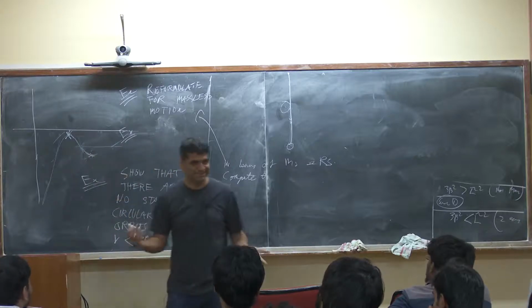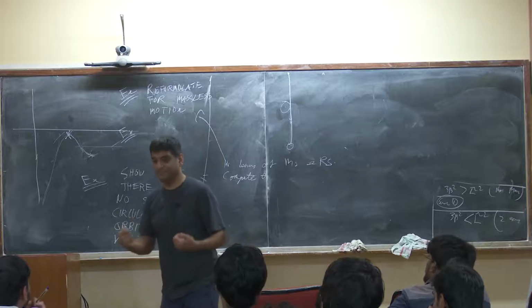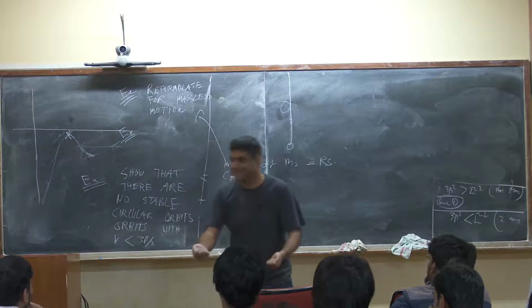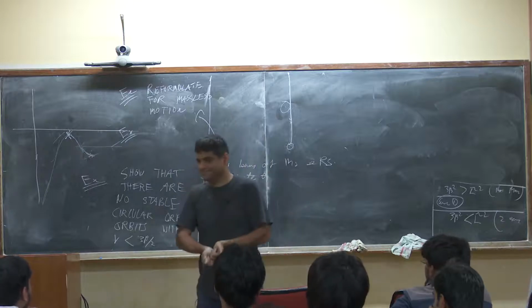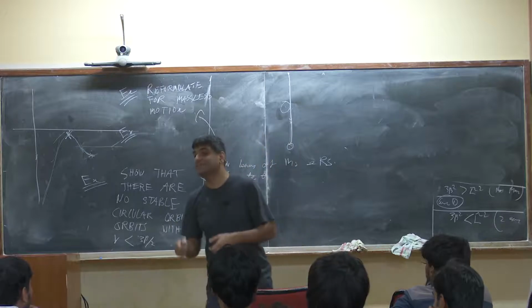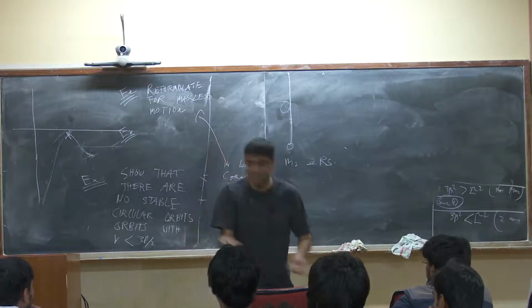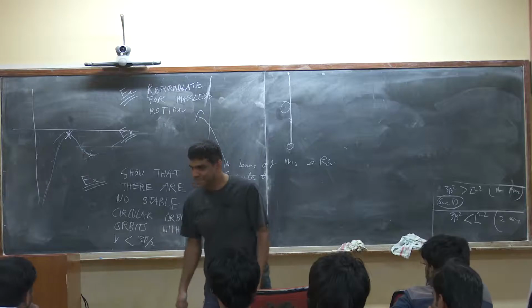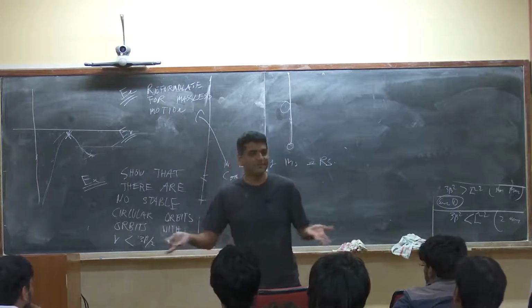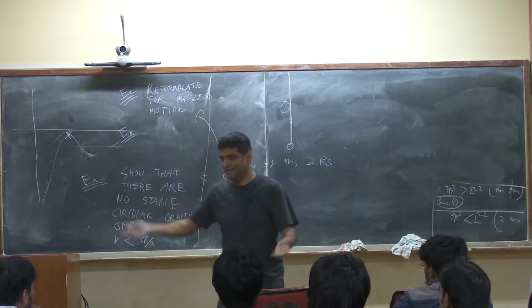It's the usual thing. Once you have r as a function of tau, you plug into the formula for the conserved angular momentum. You'll get phi as a function of tau. Then you plug into the formula for the conserved energy. You'll get t as a function of tau. Now this is a parametric representation of your orbit because you've got t, phi and r as a function of something.